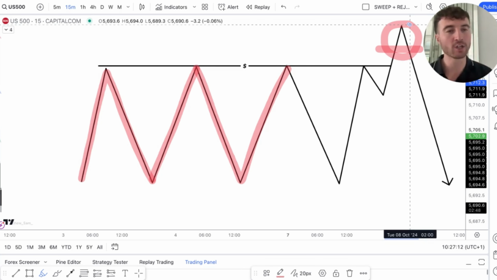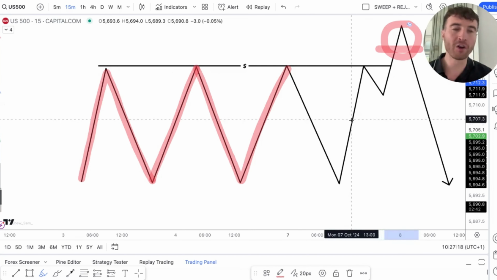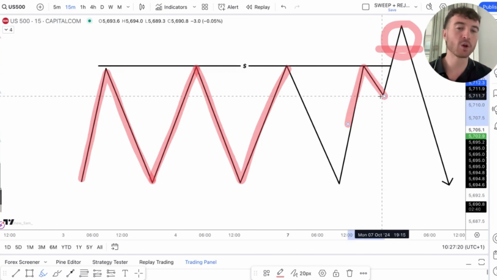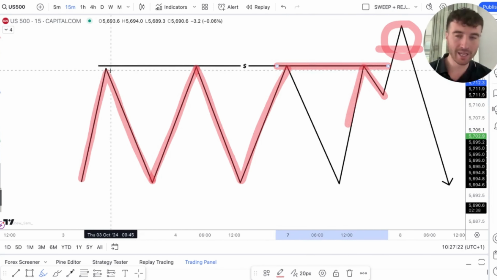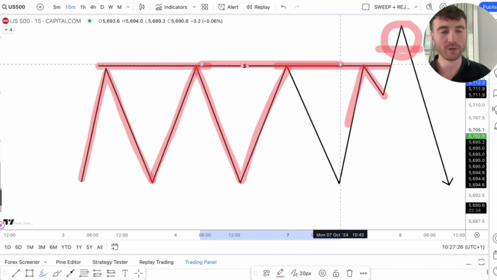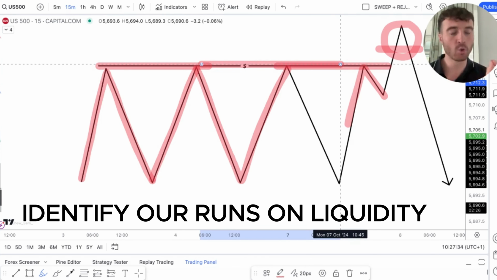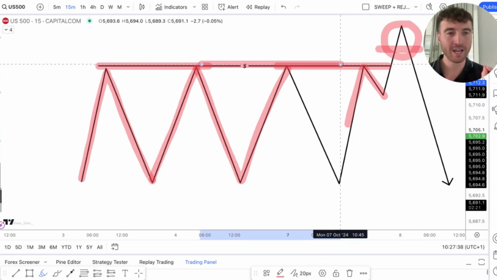If you are entering a short trade, understand, where is the liquidity? And if you can't identify where the liquidity is, more than likely you are just part of the liquidity. So this is how the markets work, and we need to identify our runs on liquidity before even considering entering a short trade.